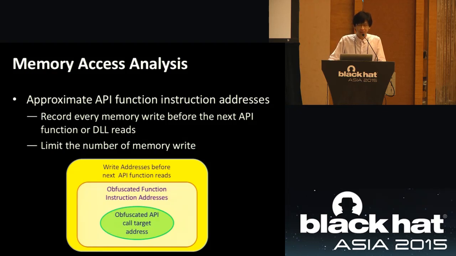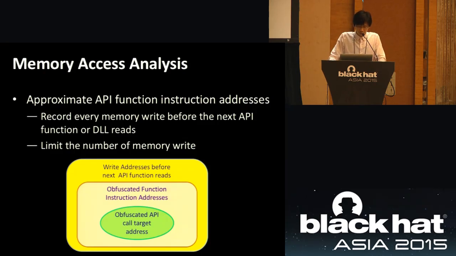If we want precise analysis, maybe it is very complex and hard because the code is obfuscated. First I wanted to build some value-dependent analysis on every memory read, but it was so complex, so I used an approximate algorithm.